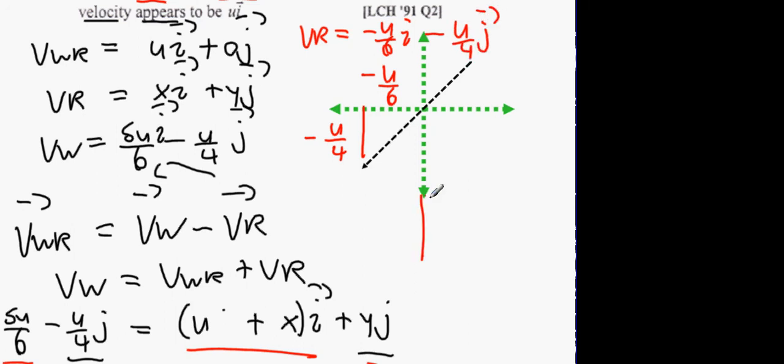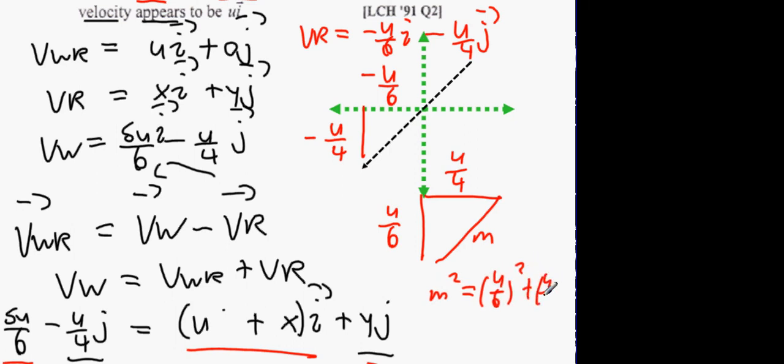You'll do Pythagoras' theorem to find the speed. So it's going to be u over 4 and u over 6 squared. So can somebody tell me what that is? We'll call this m squared equals u over 6 squared plus u over 4 squared. Anybody know? What is a 36th plus a 16th?